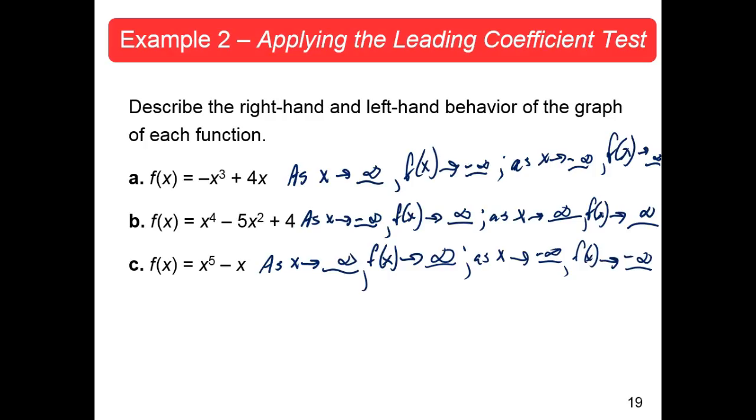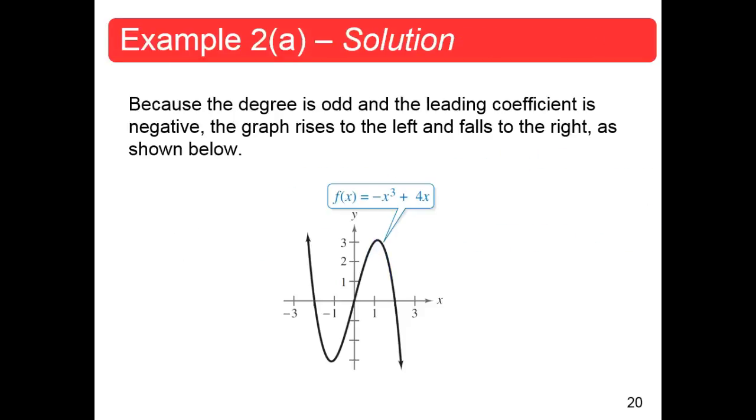All right. For that first one, degree is 3, which is odd, means opposite directions. Okay. And the leading coefficient is negative. Okay. This is using just the rules.